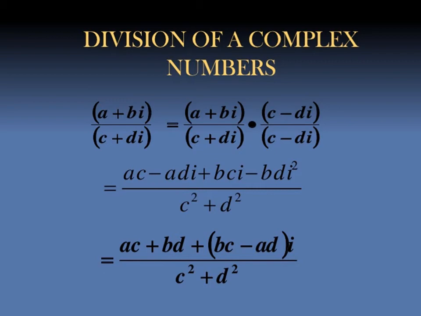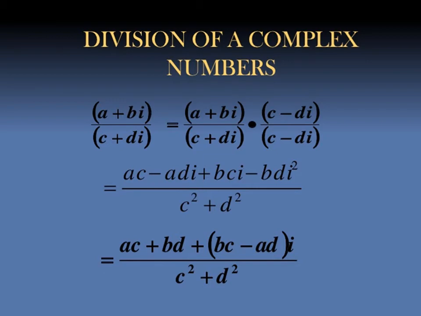To perform the division of complex numbers, write the division as it is, but multiply and divide by the conjugate of the complex number which is in the denominator.